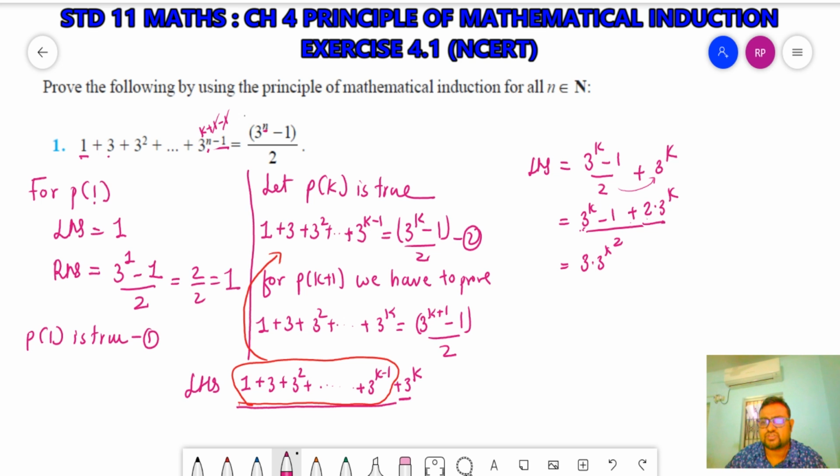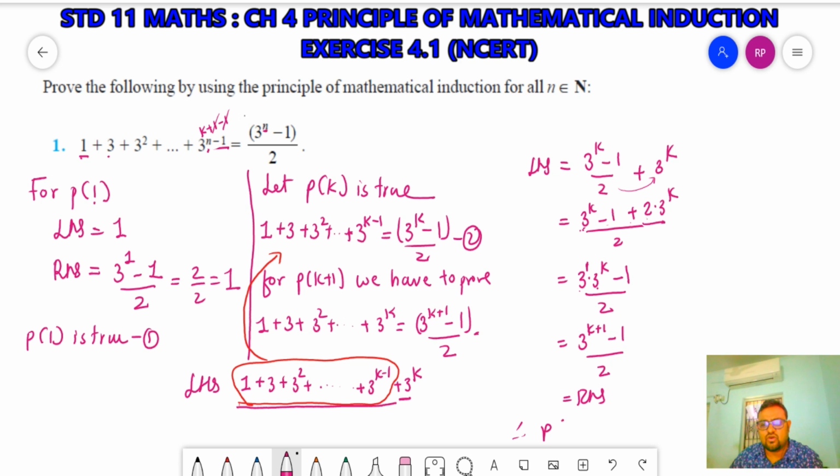Okay, I'm writing it here: 3 into 3 raised to k minus 1 as it is upon 2. Now 3 means 3 raised to 1. Same base, so 1 plus k, or I can write it down 3 raised to k plus 1 minus 1 upon 2. And this is our RHS.